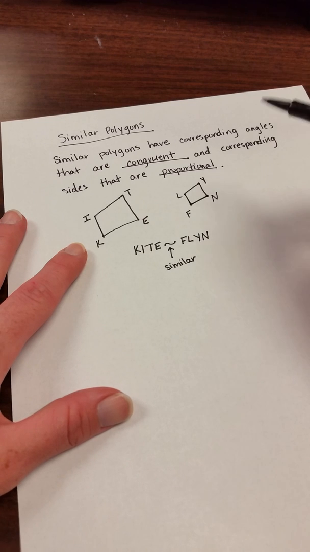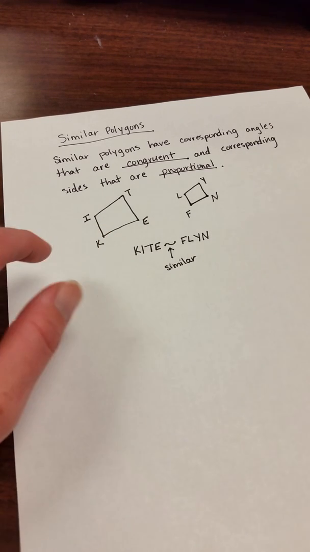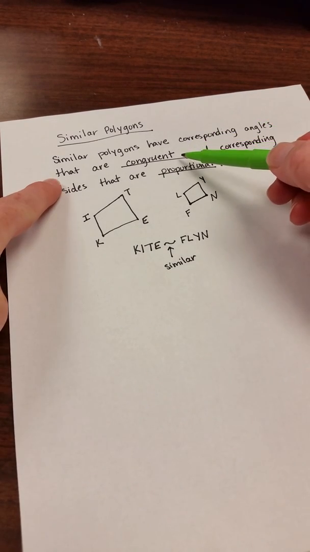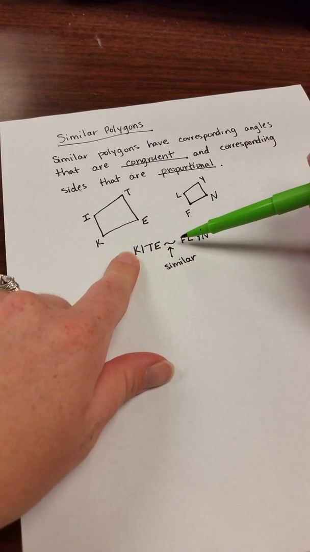All right. So if I'm telling you that they're similar, then that means that all of the corresponding angles are congruent. So do you see how K is in the same place as F?